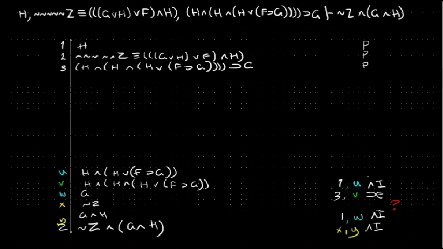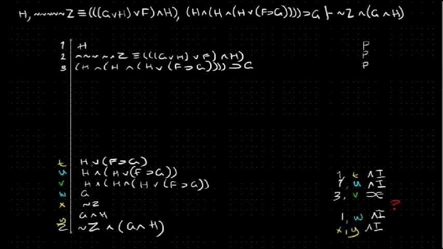Again, it looks like a conjunction introduction of line 1, and we'll say that on line T we had H, or F then G.